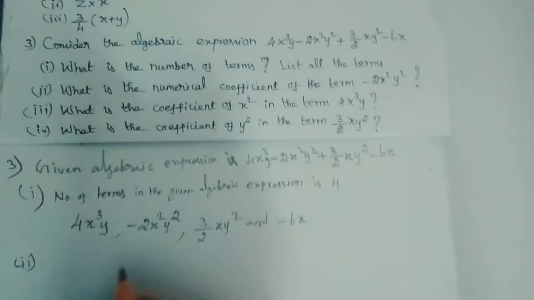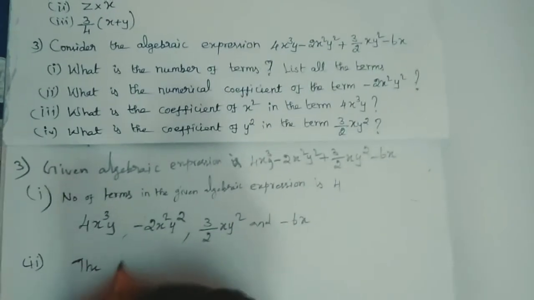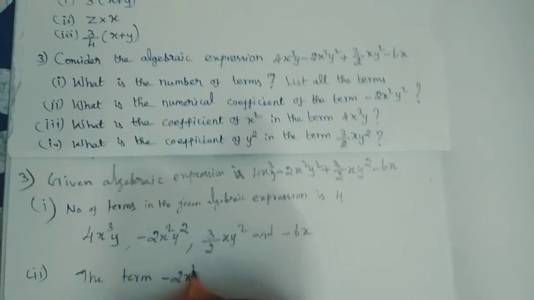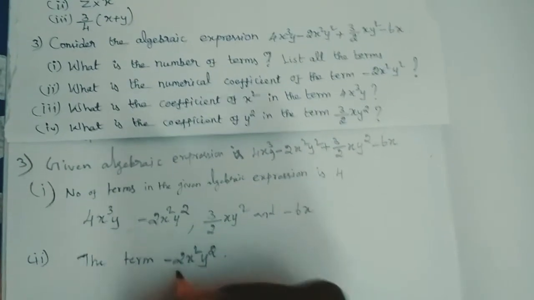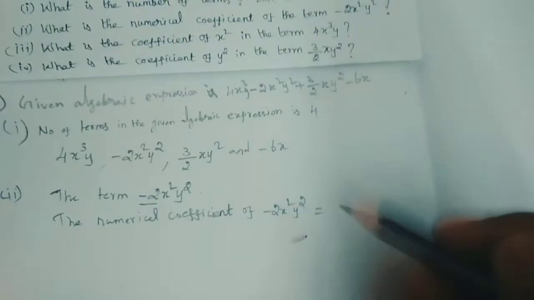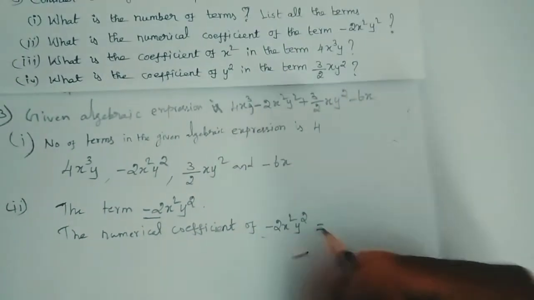So here you see the term minus 2x square y square. In this term, the constant coefficient, that means numerical coefficient, is minus 2 and the literal coefficient is x square y square. So in this term, numerical coefficient is minus 2.